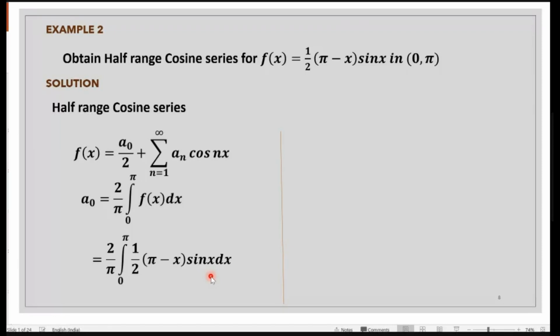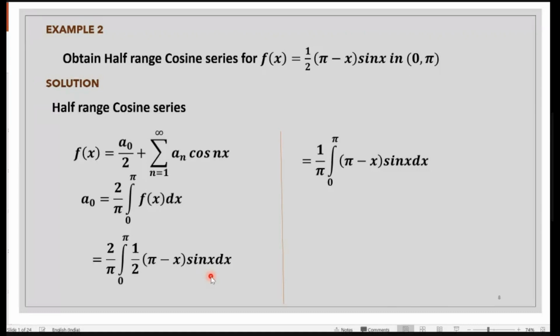What will be the value of a0? One, okay, 1. Fine.